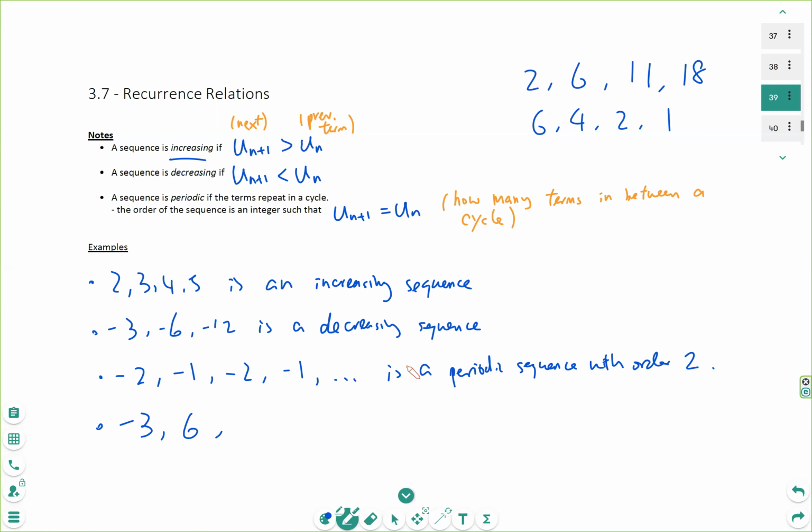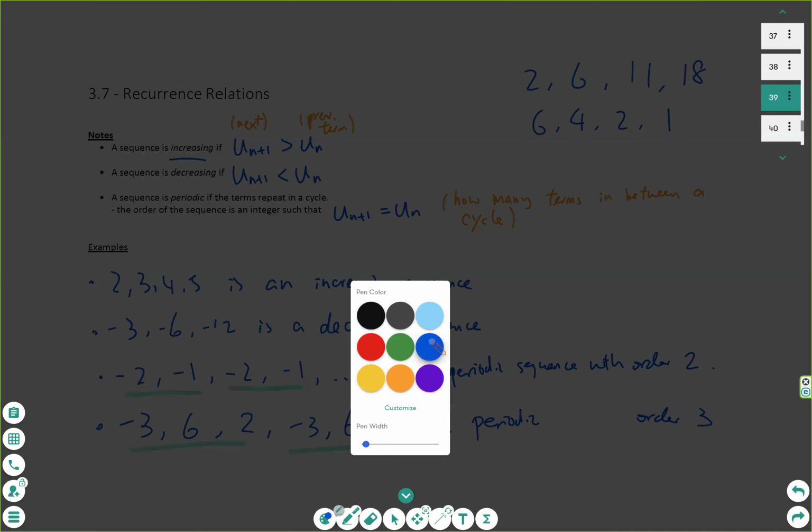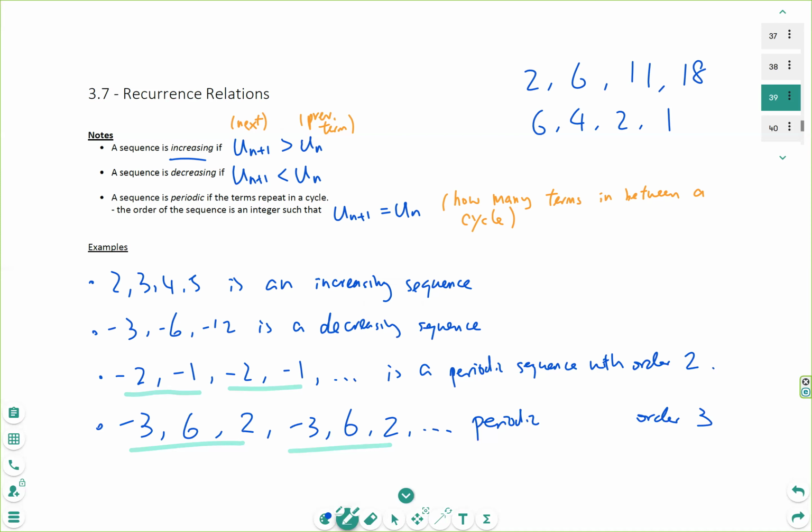I'll give you one more. -3, 6, 2, -6, -3, 6, 2. This is periodic with order 3. Hopefully that makes sense, because the cycle goes in chunks of 3. Last one: you could have a sequence that is not decreasing, not increasing, not periodic.